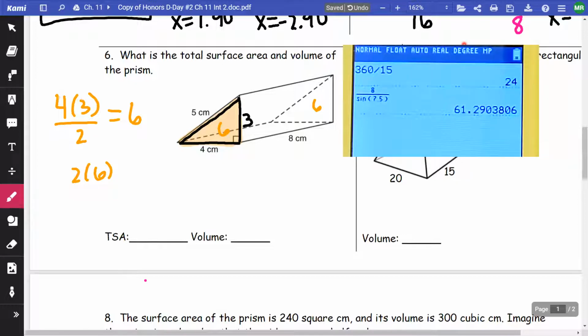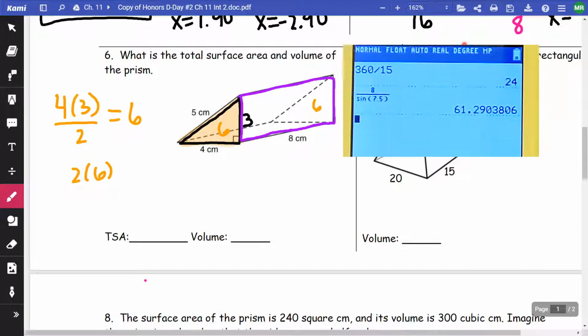Then I have these rectangles. Now when I'm doing the rectangles, I am going to have 5 by 8, which is that one, 4 by 8, which is that one, and 3 by 8, which is this one.